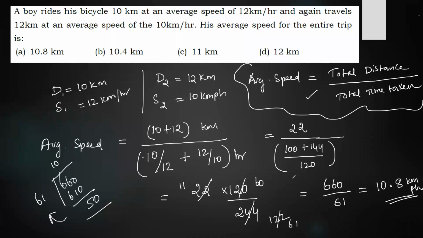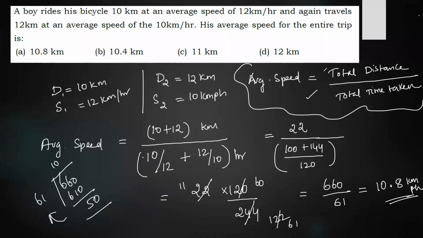So average speed equals total distance divided by total time taken. If it is the same distance, then you can apply harmonic mean. If it is the same time, you can apply arithmetic mean.